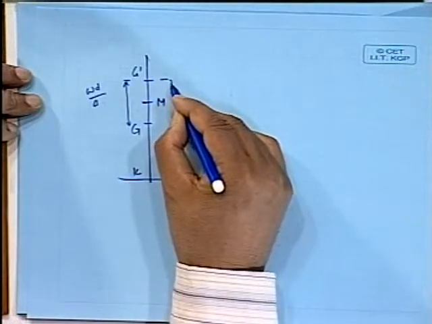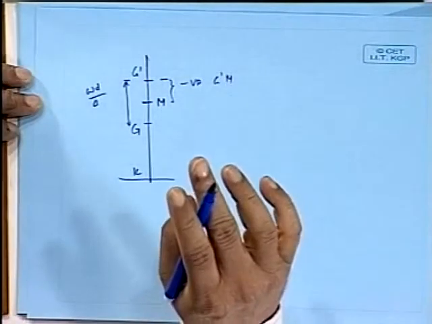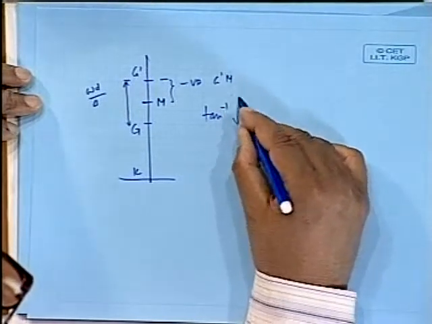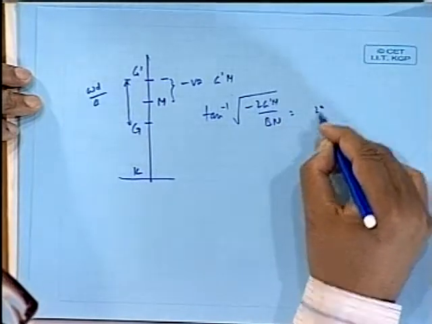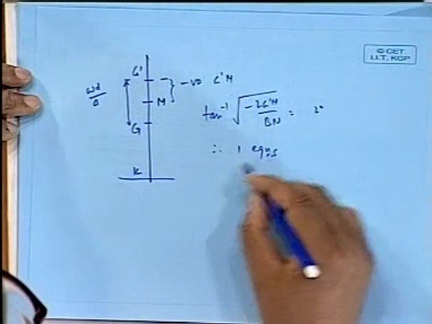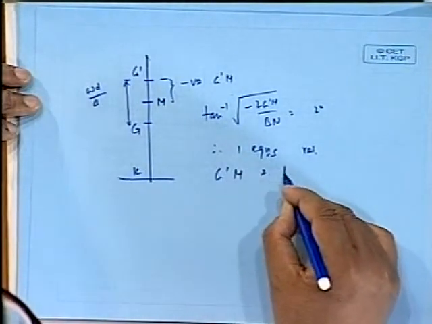So this has caused a negative G dash M. Now tan inverse of minus 2 G dash M by BM equal to 2 degree. This gives me one equation relating G dash M and BM.